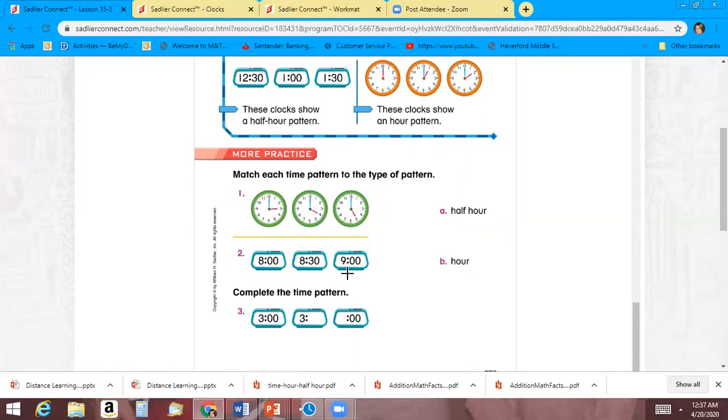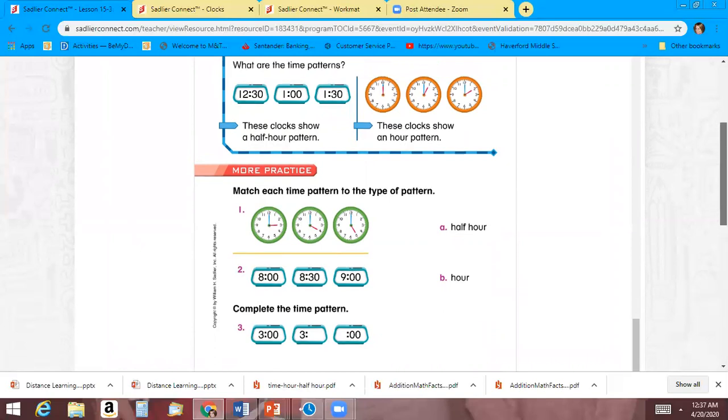And then your digital clocks for number 2, is it a half-hour pattern or is it an hour pattern? And then for number 3, all you need to do is complete the pattern. It says 3 o'clock, then it says 3, but it doesn't tell me how many minutes. But now it tells me o'clock, but it doesn't tell me the hour. What do you think would be the right way to complete that pattern if we're looking at that one?